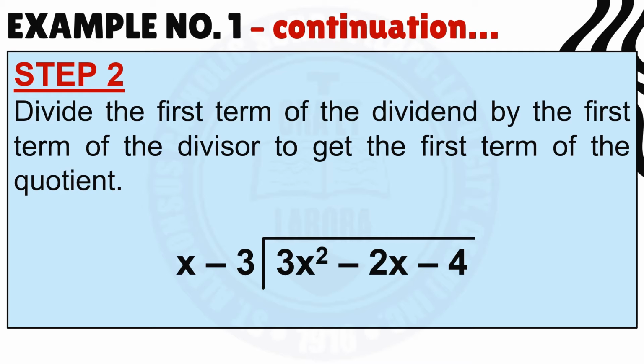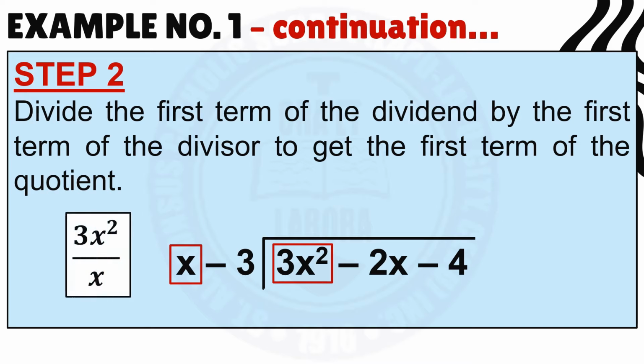Step 2. Divide the first term of the dividend by the first term of the divisor to get the first term of the quotient. In this case, our first term is 3x squared divided by x. Applying the quotient law of exponent, our answer would be 3x. Make sure that 3x is aligned with the term of the same literal coefficient.